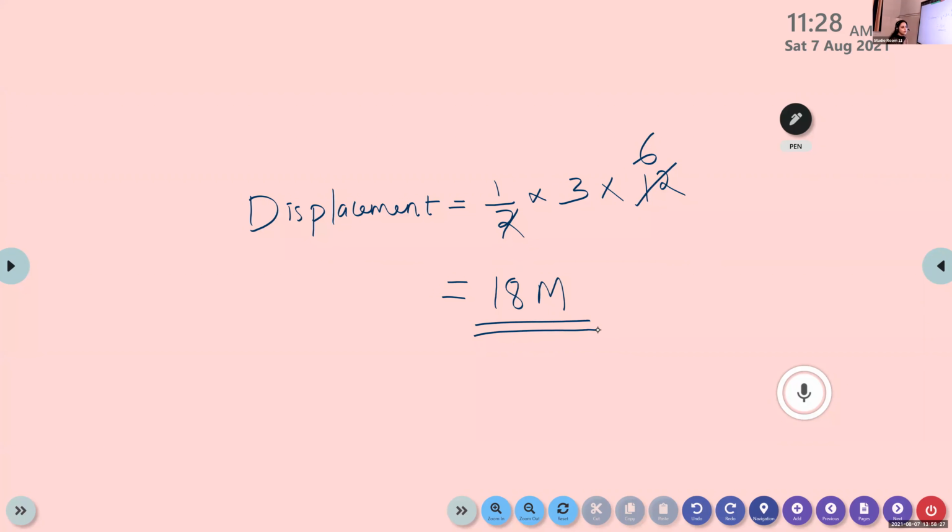So this is how we can calculate the displacement from a velocity time graph. The area under the graph gives displacement. Since it is a triangle, here we are using the equation for the triangle, area of triangle half BH.